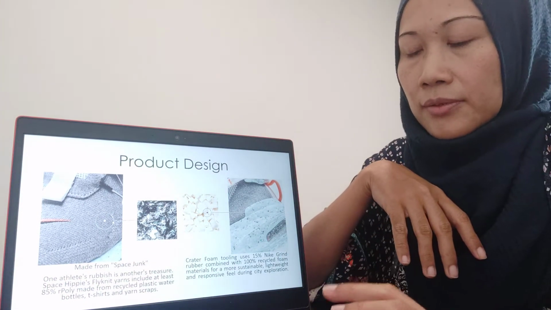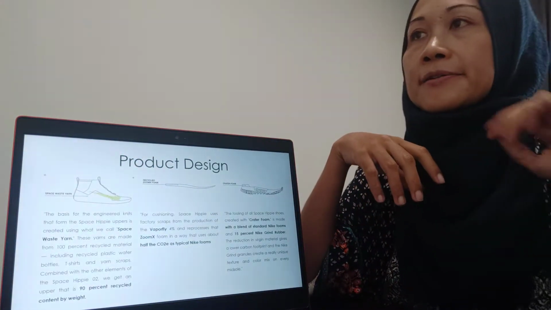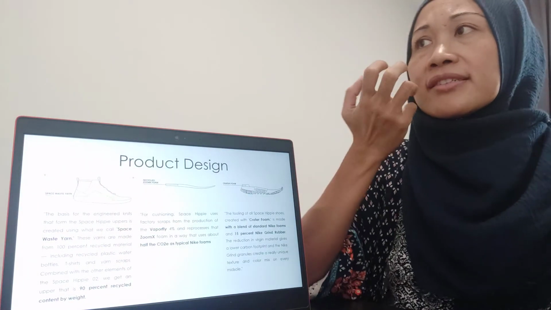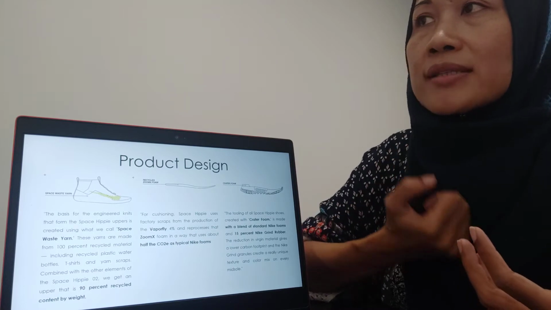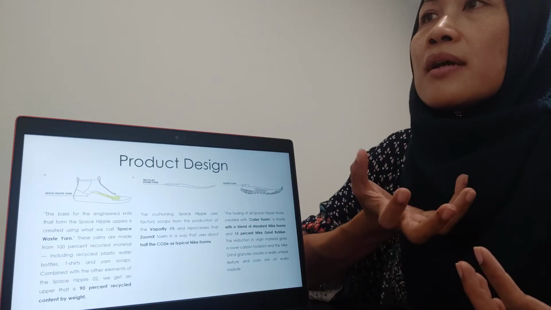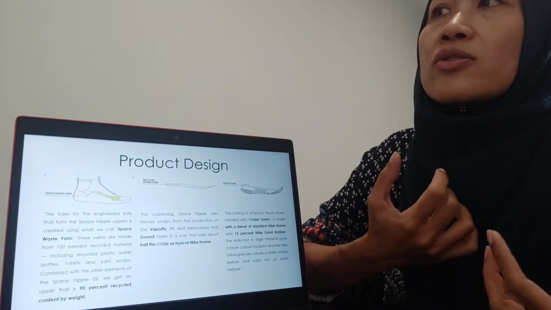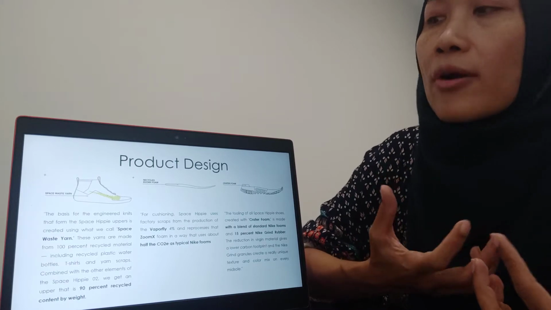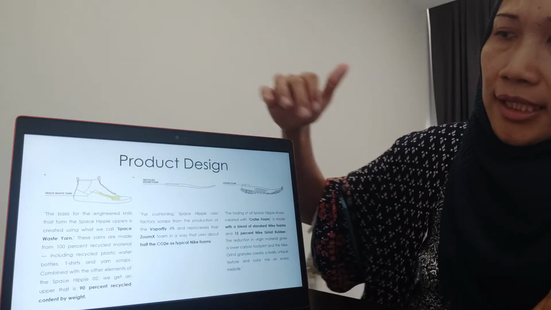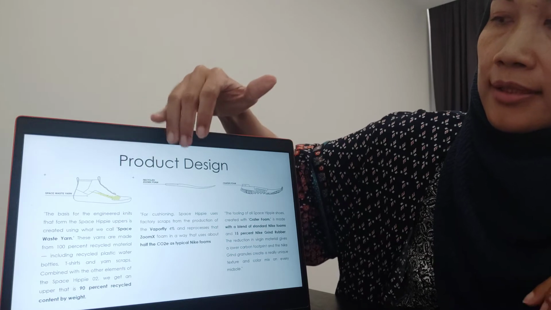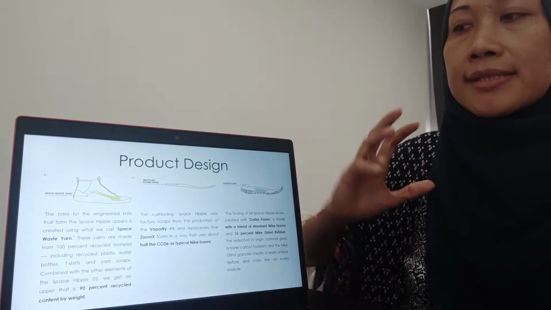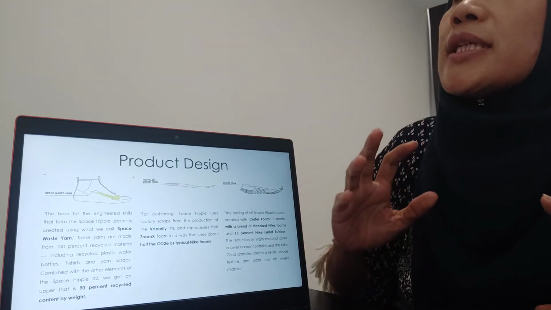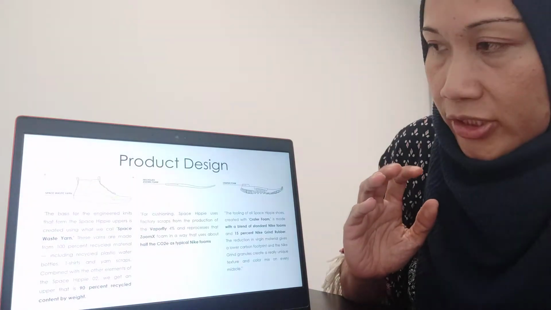The product includes a recycled foam cushion, space waste yarn, and crater foam, made from a mixture of ground rubber and blended foams. Okay, as you can see here, these are the three steps or three products designed by them for the Space Hippie shoes.